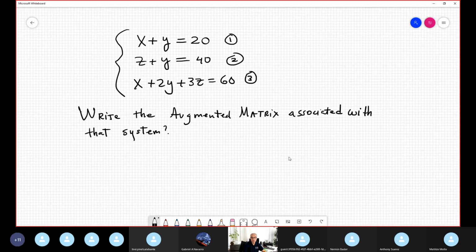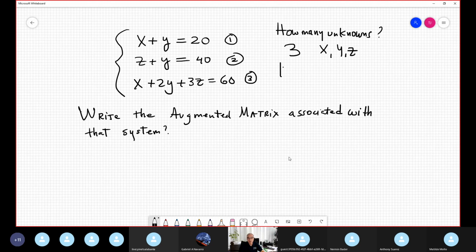So, how many unknowns do we have in the problem? 3. Excellent. How do you know? She said 3. Because what are the names? They are X, Y, and Z. Super. How many equations do we have in that problem?